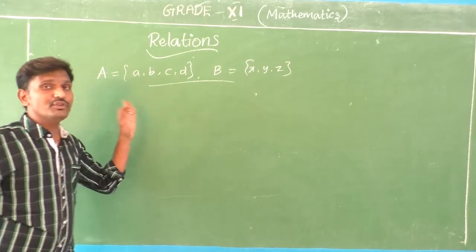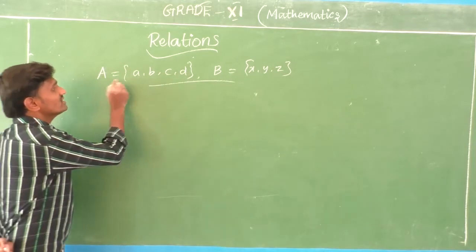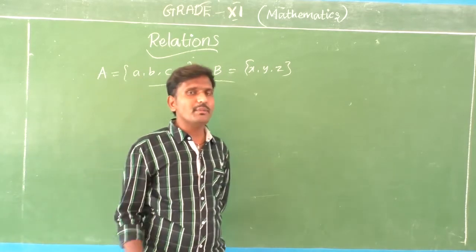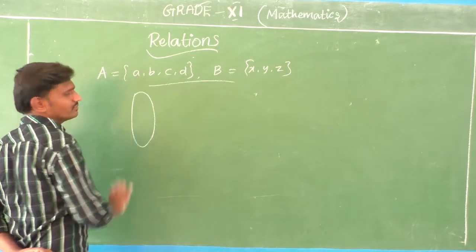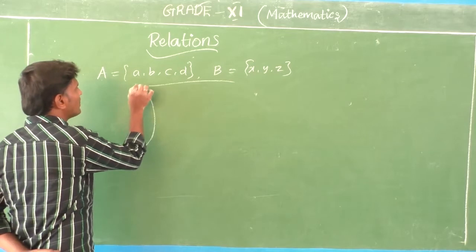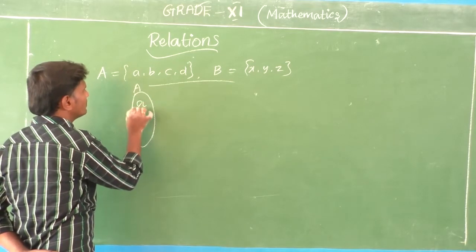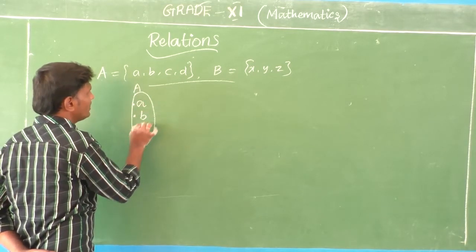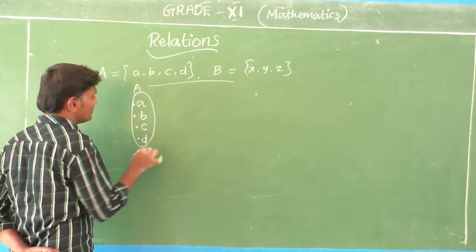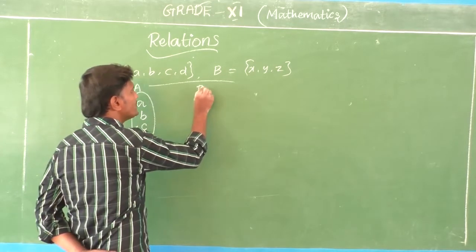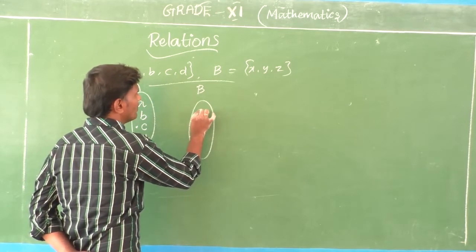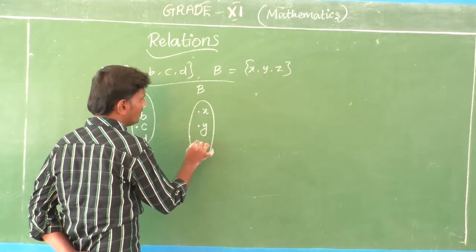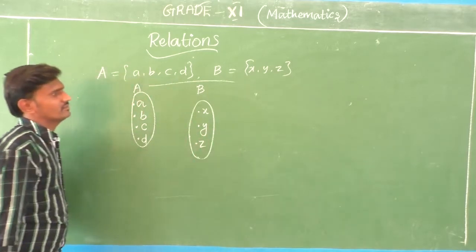The elements of set A I mention as a, b, c, d, and the elements of B as x, y, z.